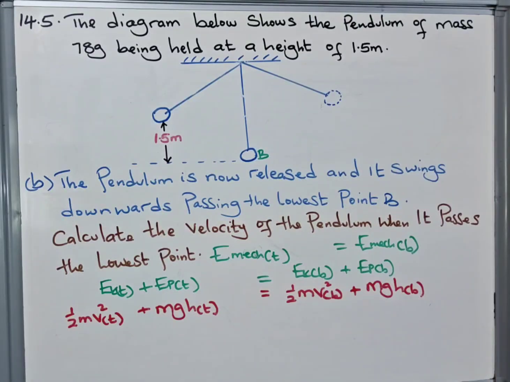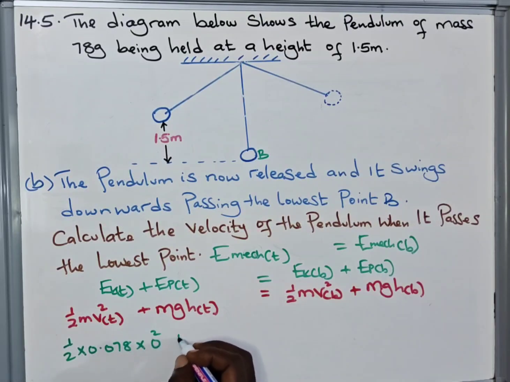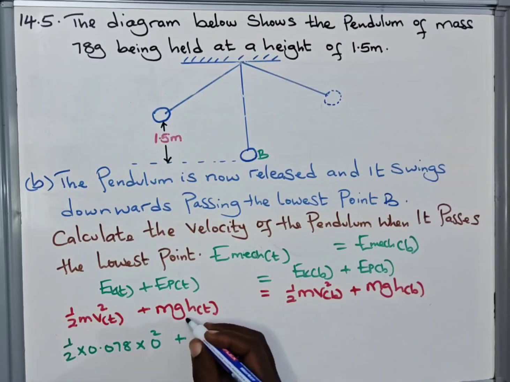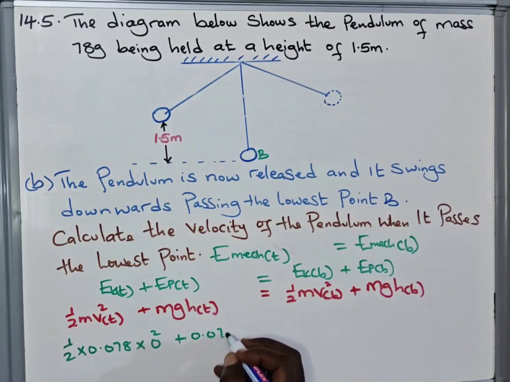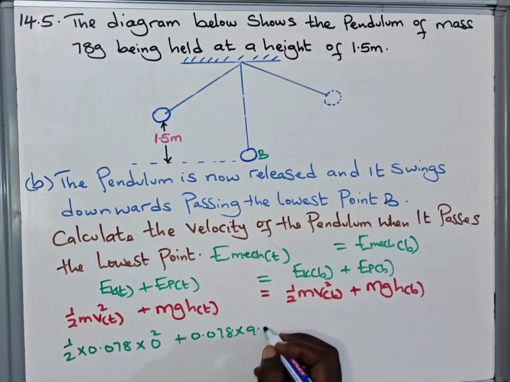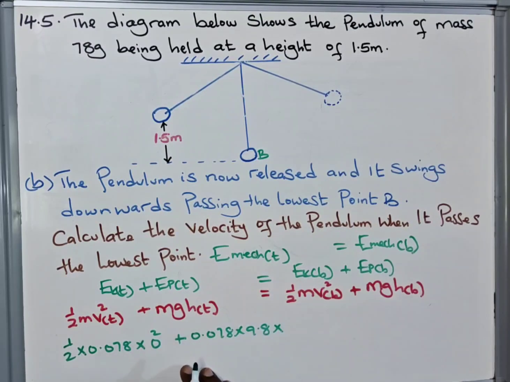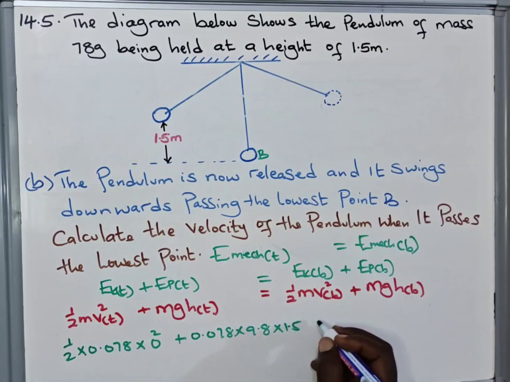So next, we substitute with what we have. At the top, the object was held, so the velocity is 0. So we're going to have a half times the mass, 0.078, and the velocity is 0 squared. Plus 0.078 times 9.8 times the height, and the height at the top is 1.5.